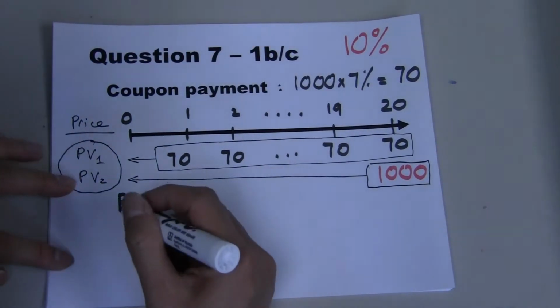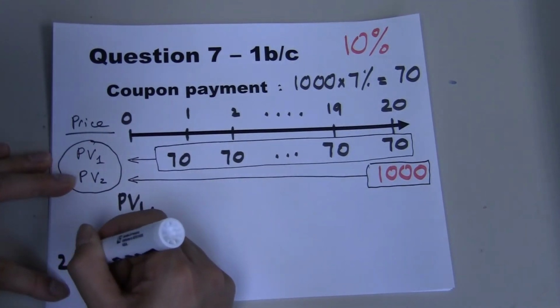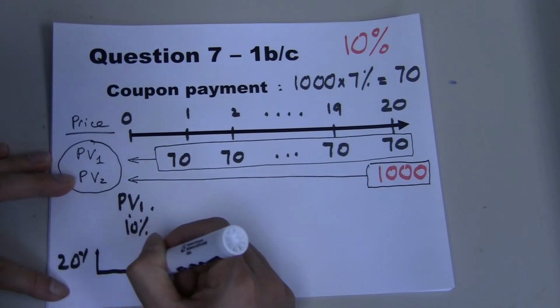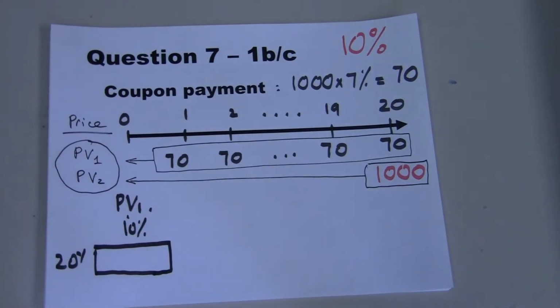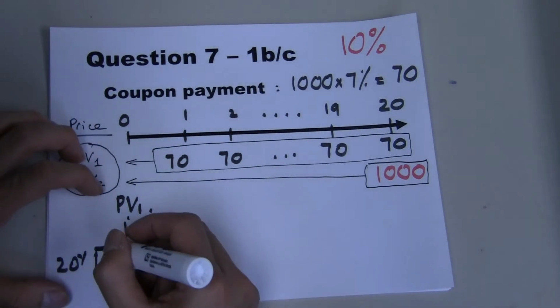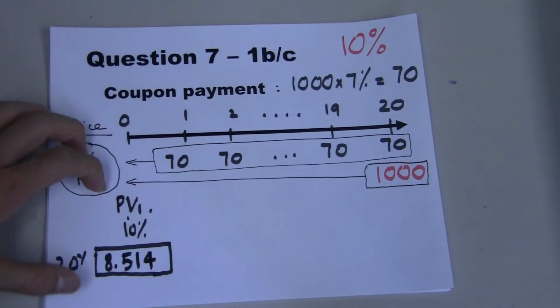What is the value in that cell? 10% and 20 years, the value in that cell is 8.514.